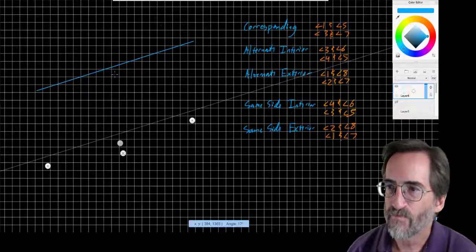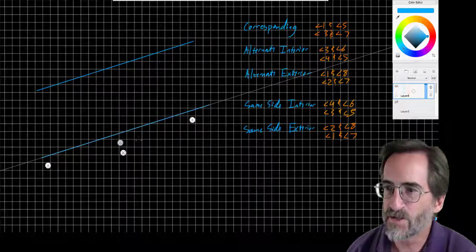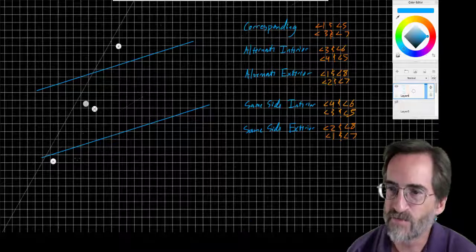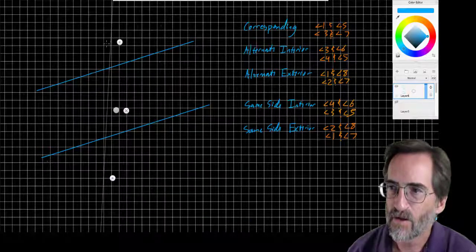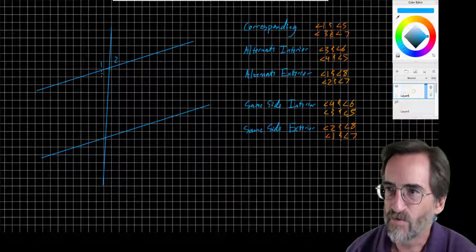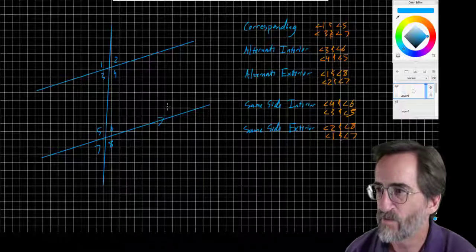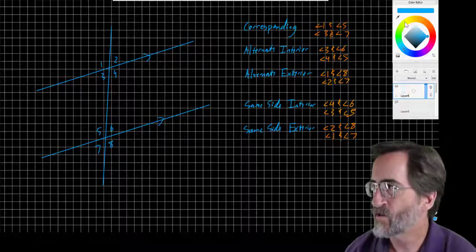Actually, we take one of them without proof. So if the lines are parallel and they're crossed by a transversal, 1, 2, 3, 4, 5, 6, 7, 8, then we say this.